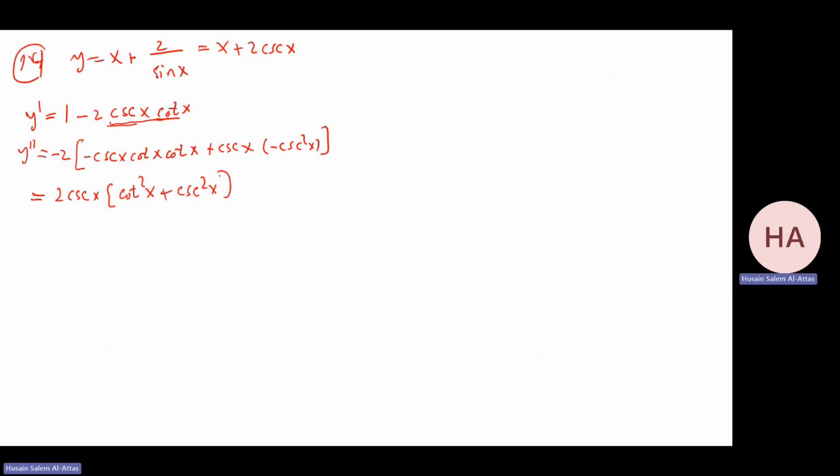And with that, 1 plus cotangent squared equals cosecant squared. So that gives me 2 cosecant x times 1 plus 2 cotangent squared x.